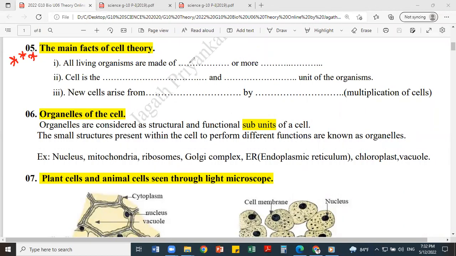Made of one or more cells. Complete the blank. One or more cells. I'll highlight the screen. One or more cells. Complete this. Number 2.